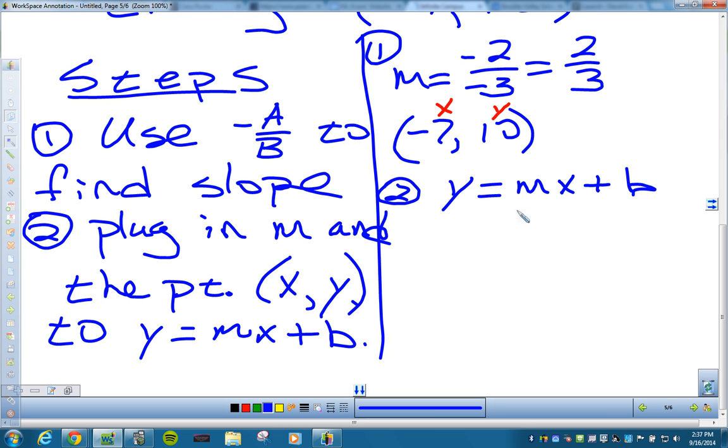So my slope right here is 2/3. What's my y? 10. Don't make it hard. What's my x? -7. And I'm trying to find my new b. Remember, parallel lines are always going to have different b's. Slopes are going to be the same, right? They're going to angle up, but you're going to have different b's.